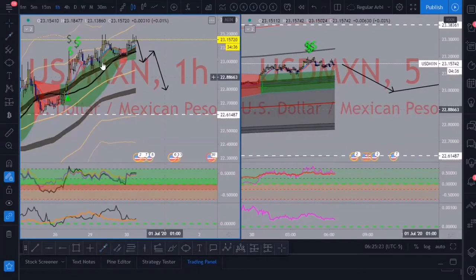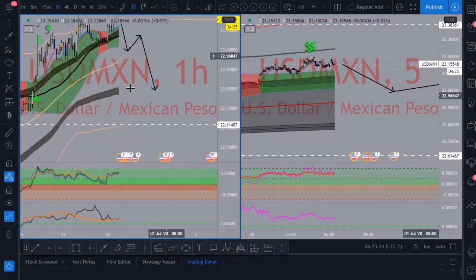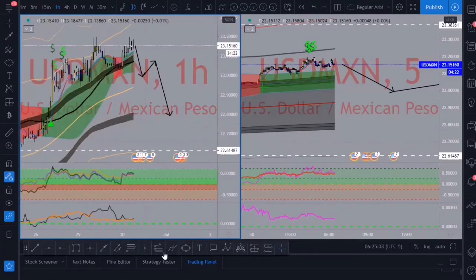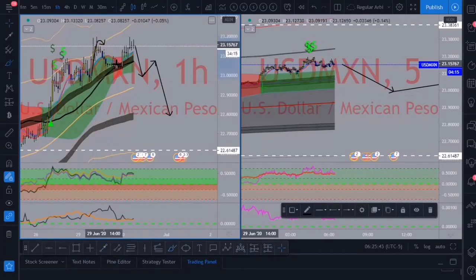Right now, what it looks like is we have a double top on USD Mexican. As you can see these wicks up here. Let me actually go a little closer. So this is a double top that I'm talking about. We had price go up and then down and then up.